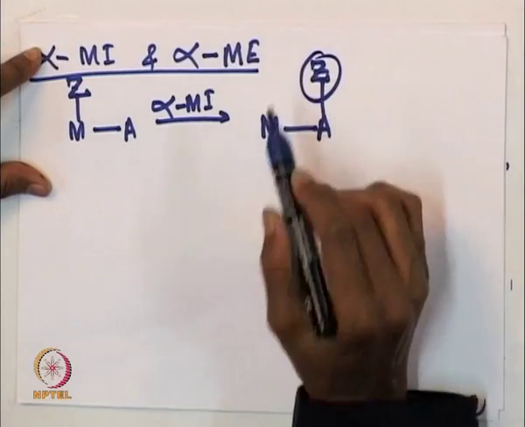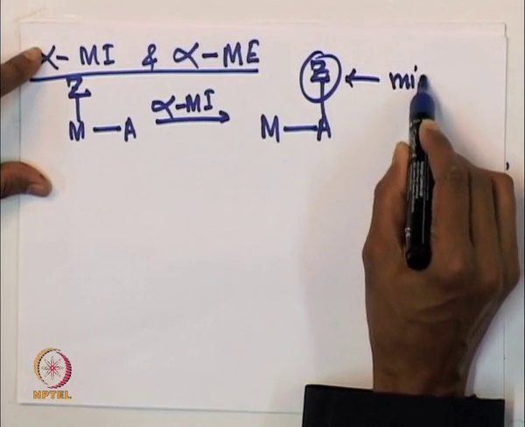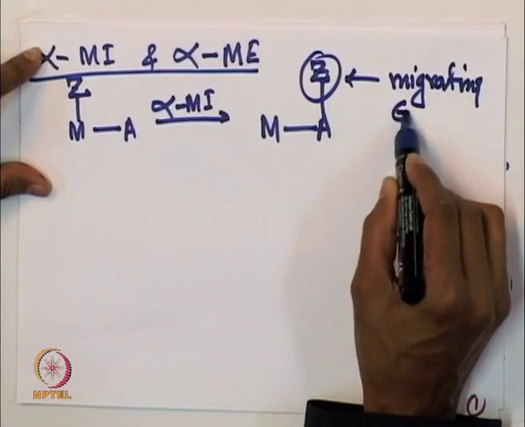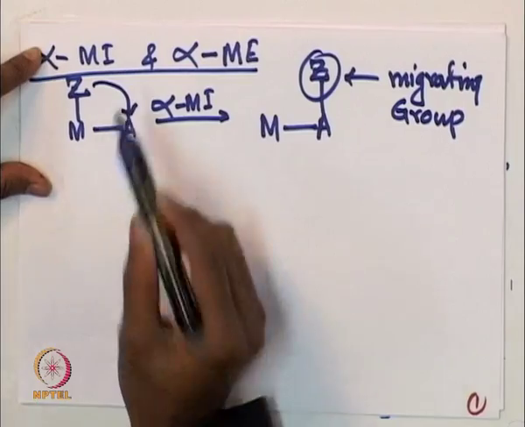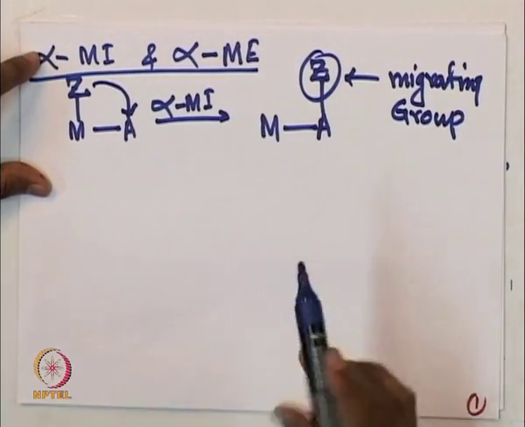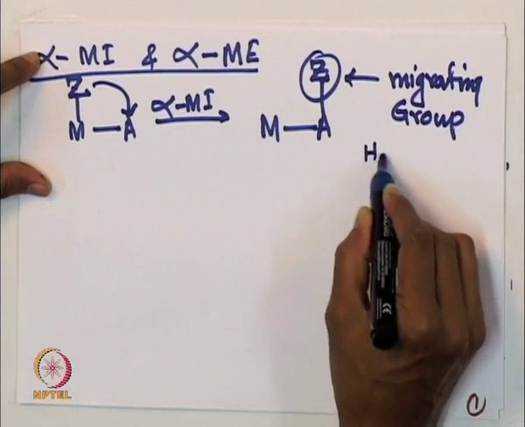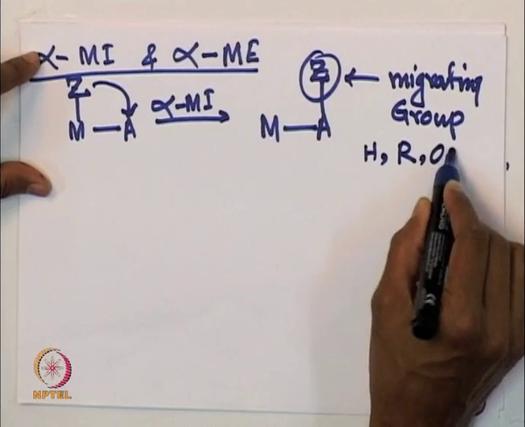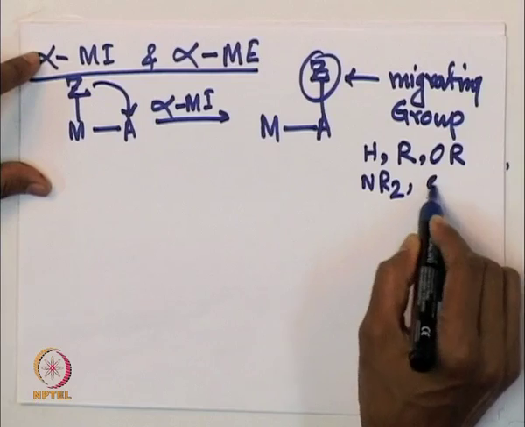Now, this Z is the migrating group. So, you have seen Z is migrating to A. Usually, these Z are something like H, hydride, R, alkyl, alkoxide, NR2, etc.